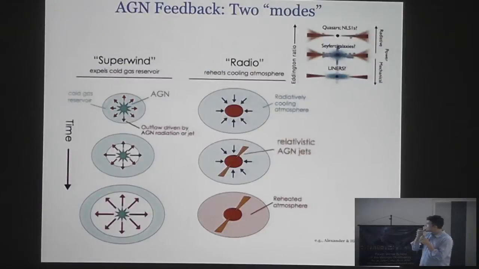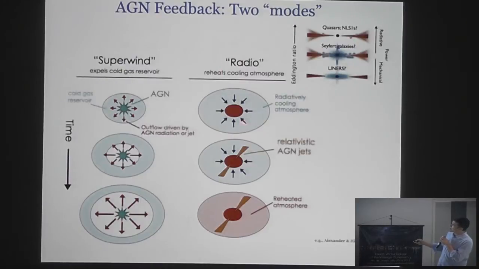And then finally we have these two feedback modes, and this is in terms of an evolutionary scenario. In the radiation-driven scenario, you have a radio-quiet quasar, which drives a wind, and that essentially pushes out over time.